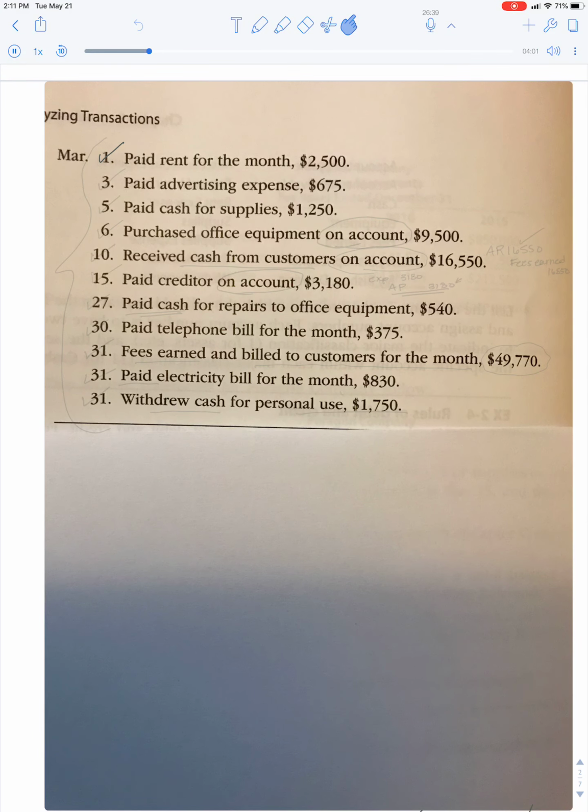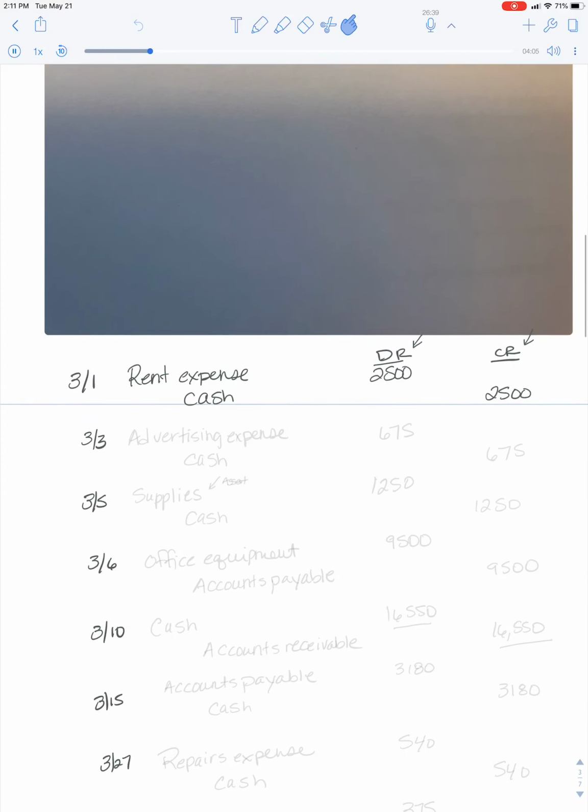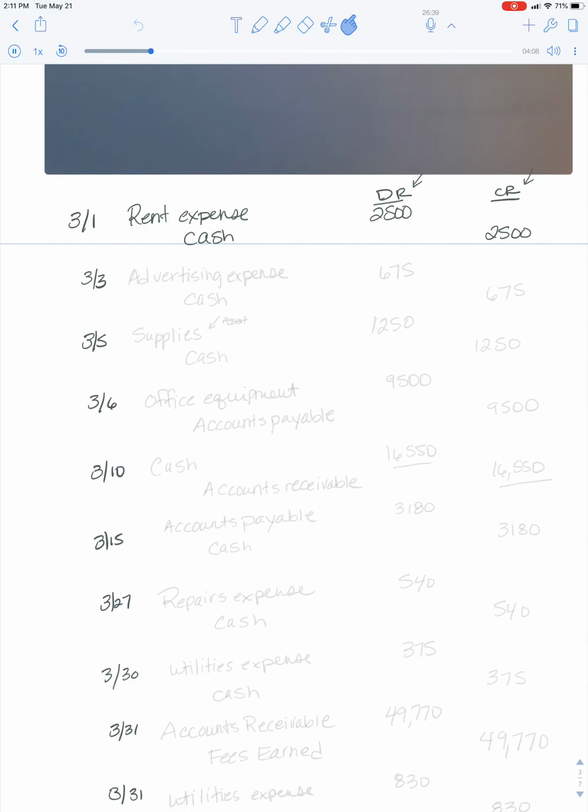On March 3rd, we paid for advertising expenses. So again, our cash is going to go down because we paid for something. So let's credit cash. Cash is going down for $675. We're going to describe with our debit what we paid for. Advertising expense.